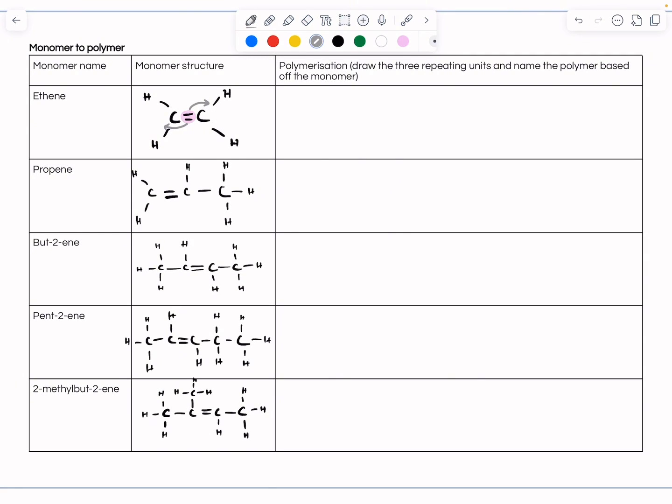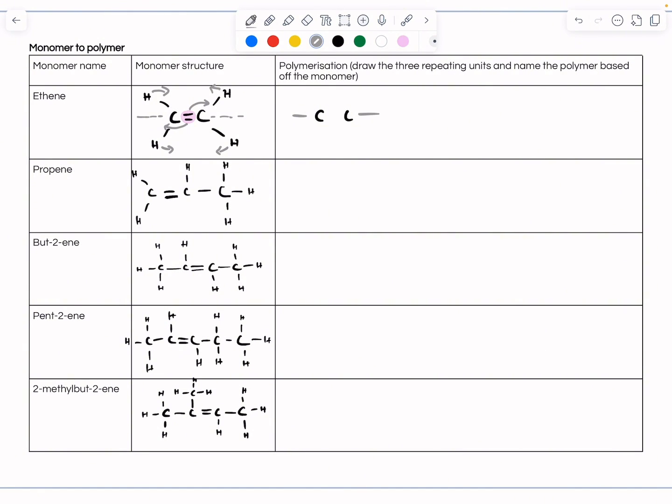And so what we need to do in that case is we'll probably need to move these hydrogens just so that they are out of the way and can allow the double bonds to open up like this. I'm going to draw the monomer that is being turned into a polymer in this box over here. So we've got the double bond over here that has been opened up.